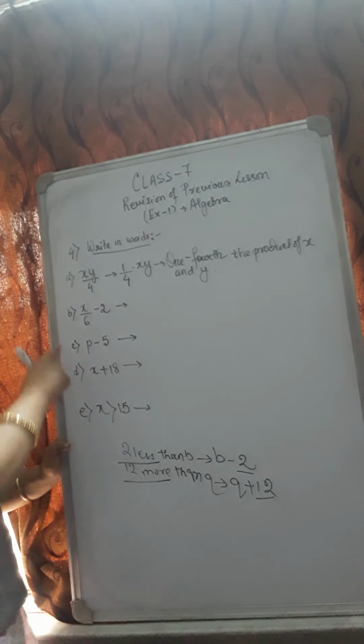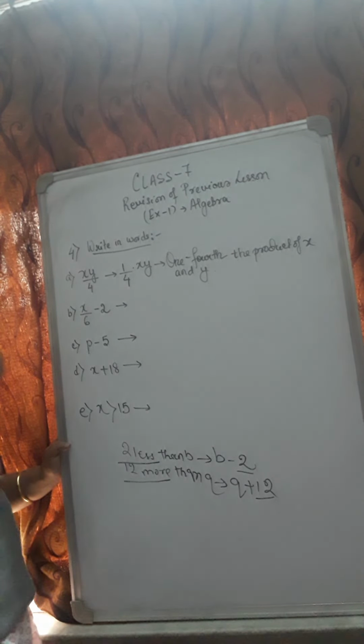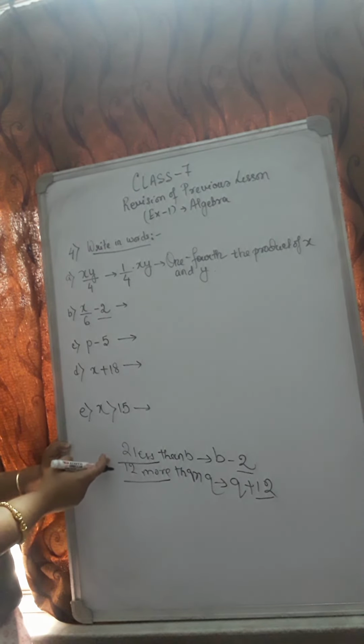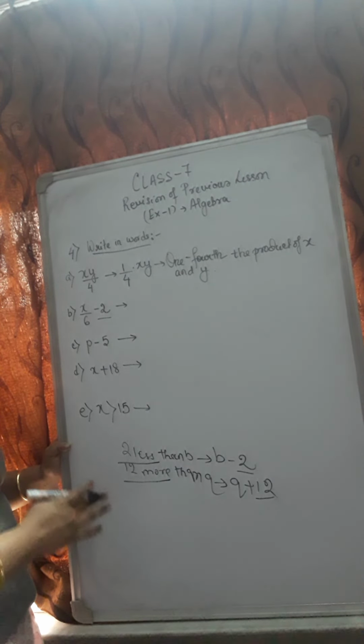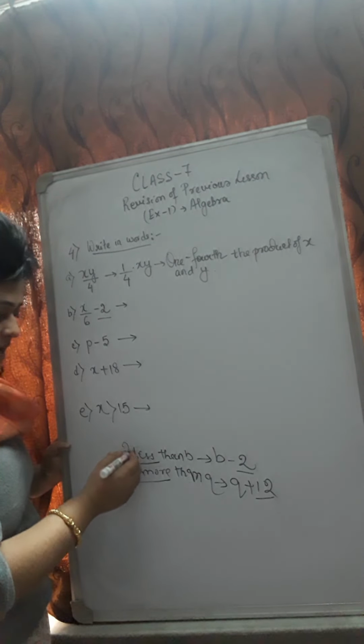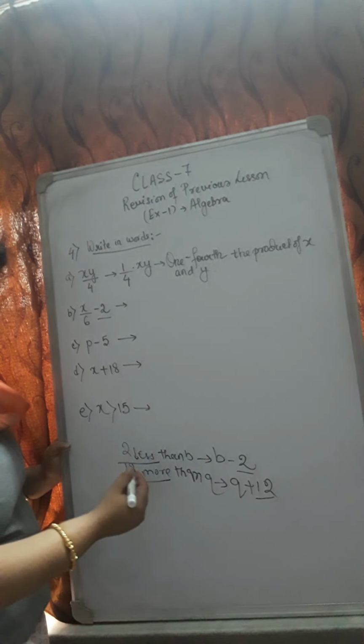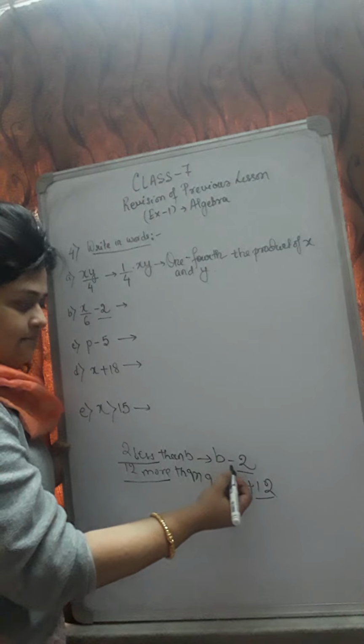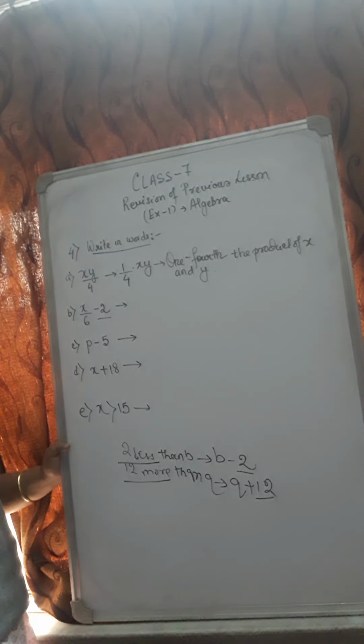So similarly, an algebraic expression is given. Now minus 2 is coming at the end, but when we write in words, it will come in front. I hope you have understood. Here I have done 2 less than B. When it is written in algebraic form, it means B minus 2.